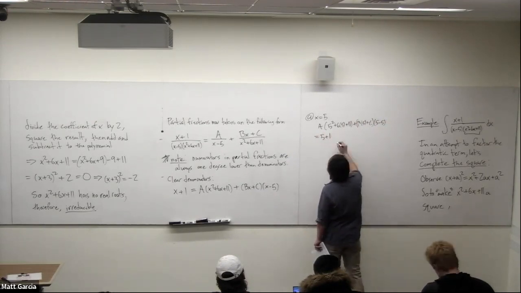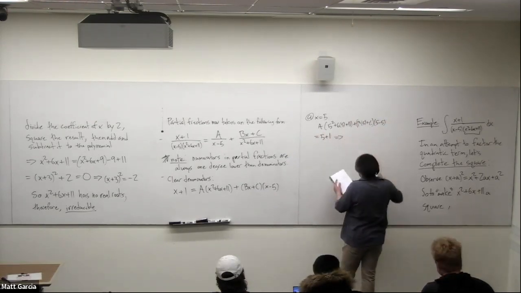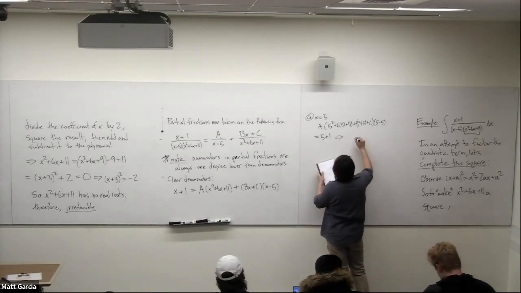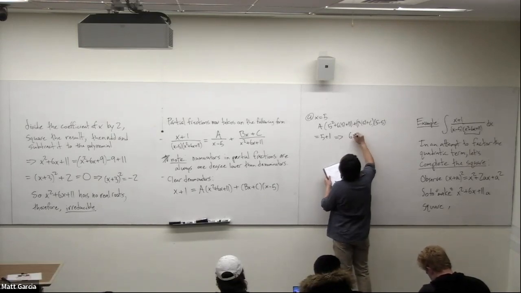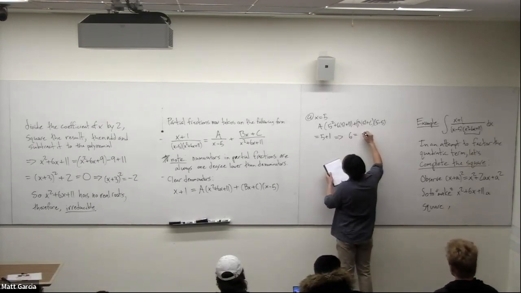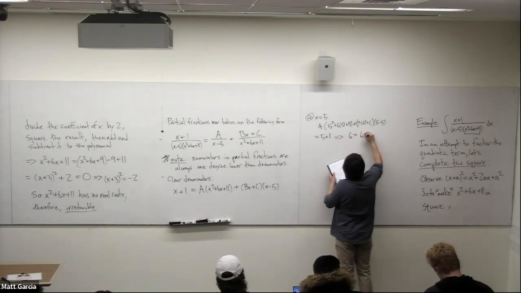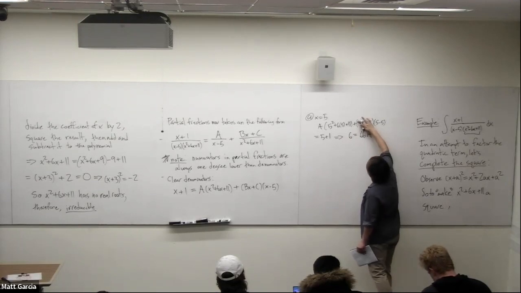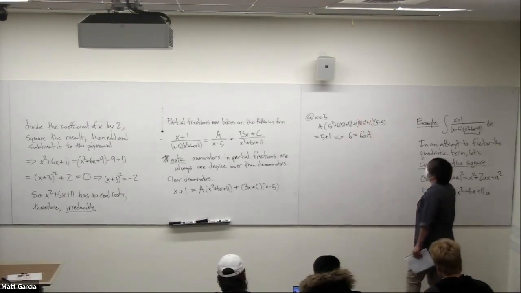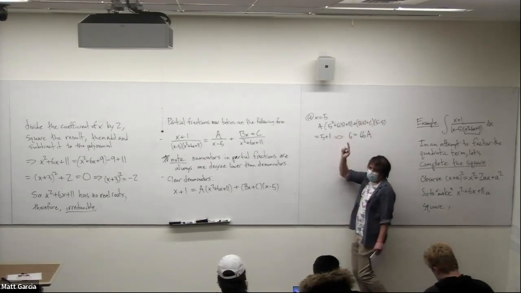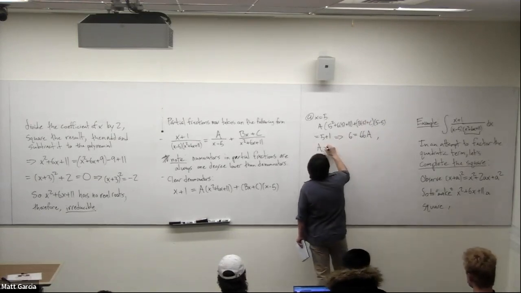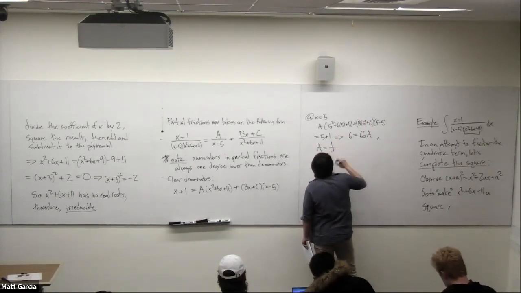So all together, what do we get here? 5 plus 1 is 6, equal to, I believe this is 66A. What would that be? Right, everybody agree with that computation? Okay, good. So A is equal to 1/11.